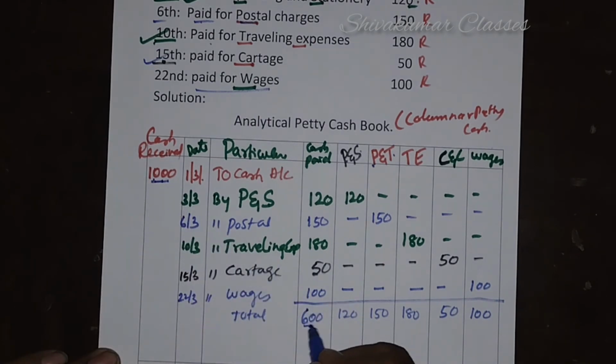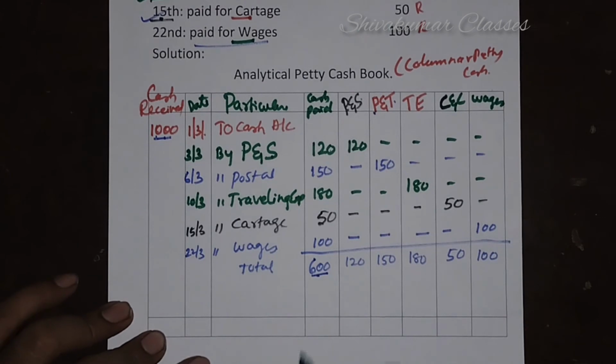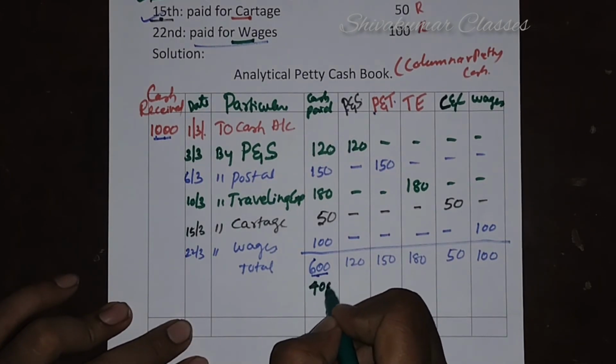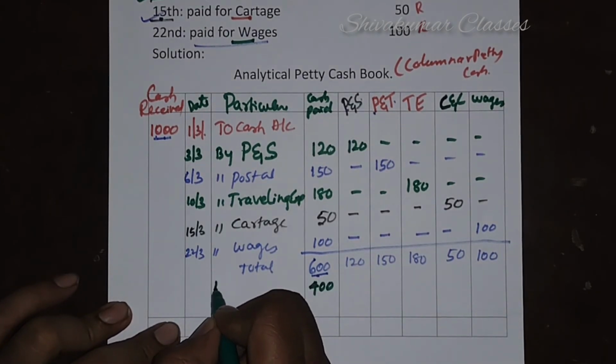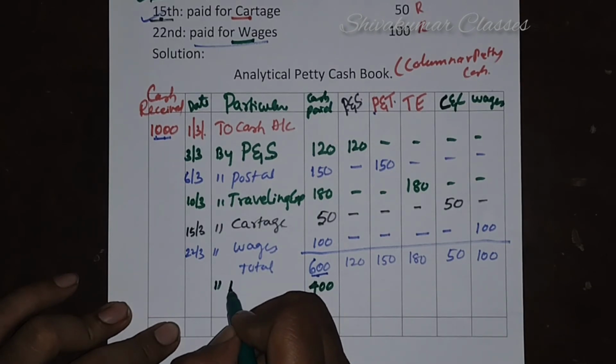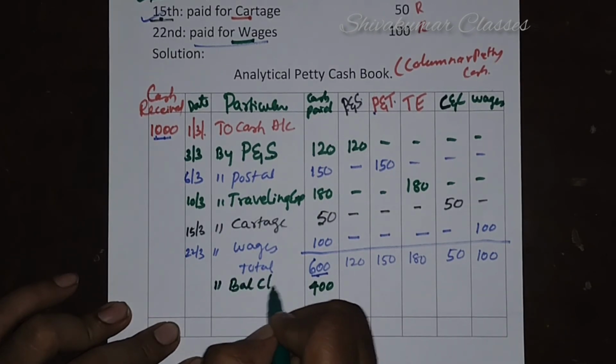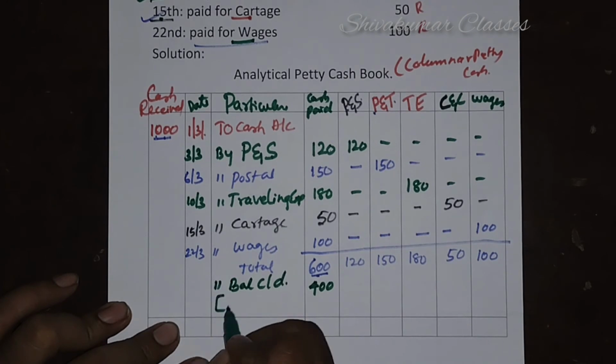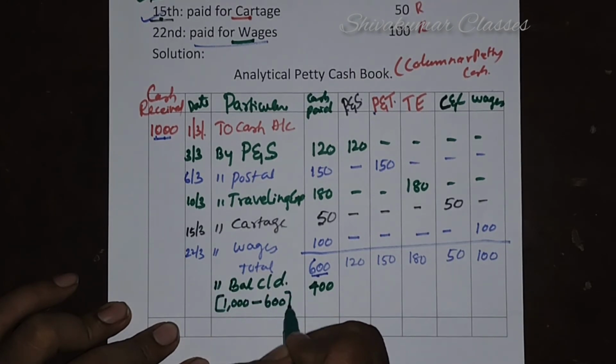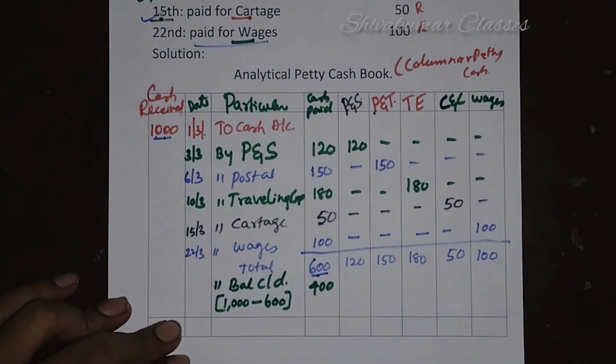Out of 1000 rupees we have spent rupees 600. Remaining, what will be the cash available in our hand? It is 400 rupees. That 400 available in our hand is called balance carried down. How do you get it? Rupees 1000 minus 600 is 400.